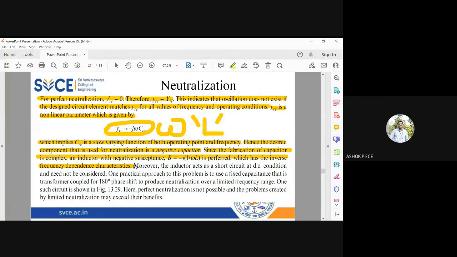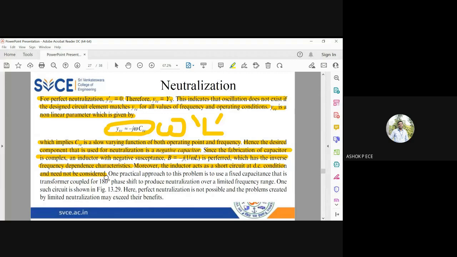Inductor and capacitor are duals. Both can be replaced in any circuit because they have exactly the same behavior with opposite characteristics. But the inductor is a short circuit for DC voltages, so that will become a problem for your circuit. If you are going to use an inductor, there is one problem.